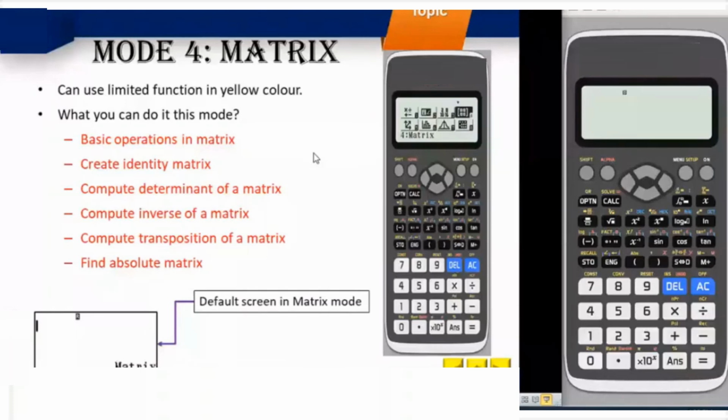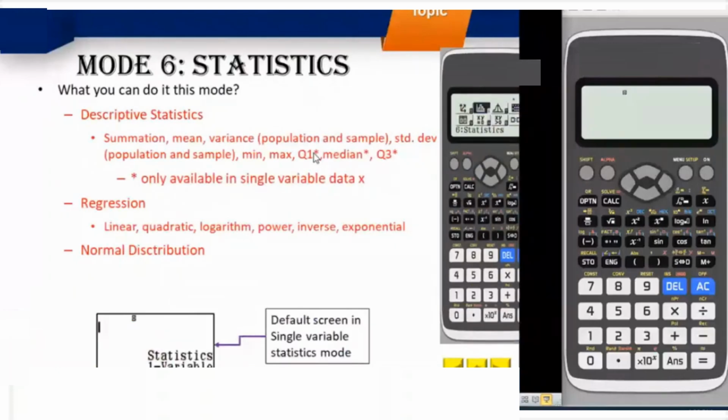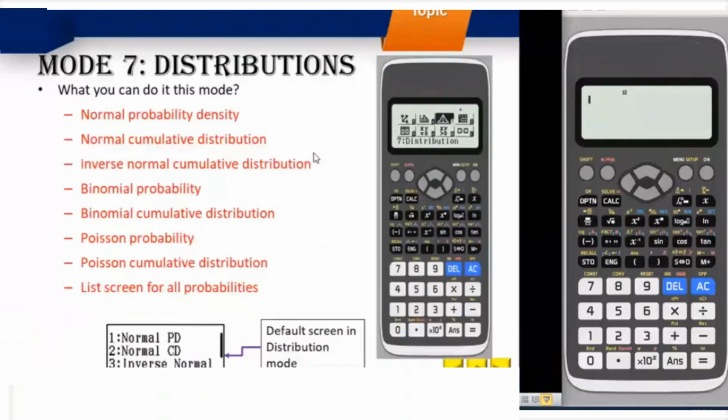Then in vector mode, we covered the basic operations of vectors, dot product, cross product, angle between the vectors, unit vectors. In statistics mode, we found the minimum value, maximum value, variance, summation, standard deviation. We did regression, we did normal distribution, Poisson distribution, binomial distribution.